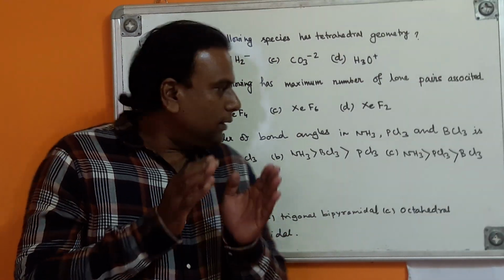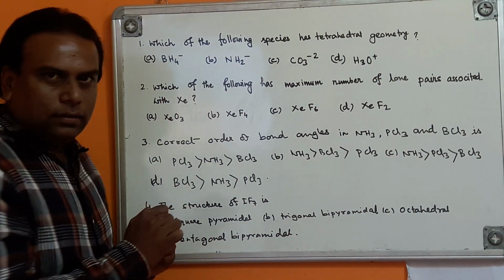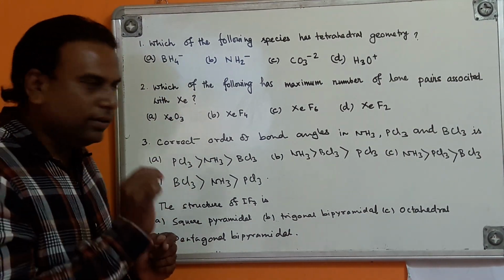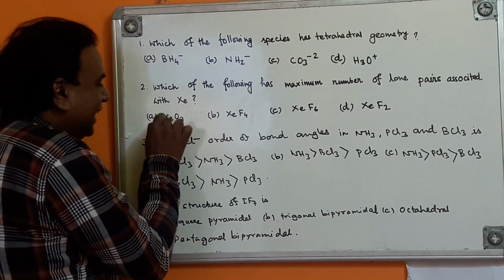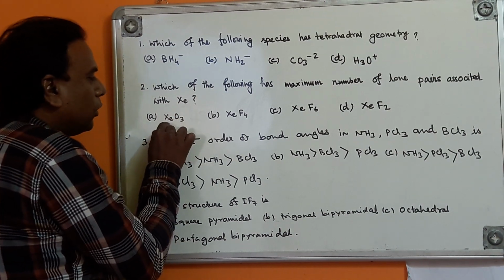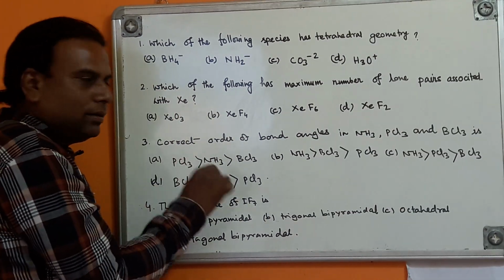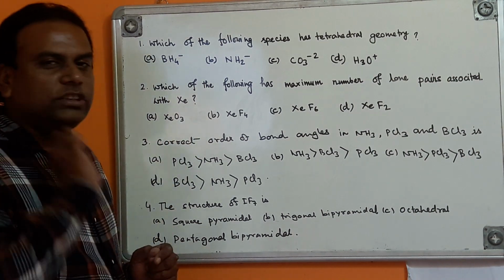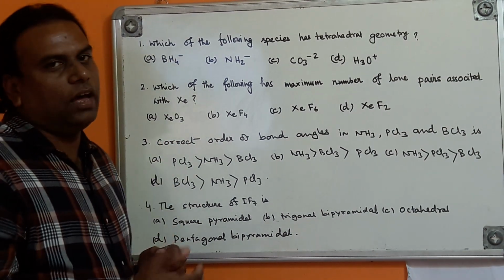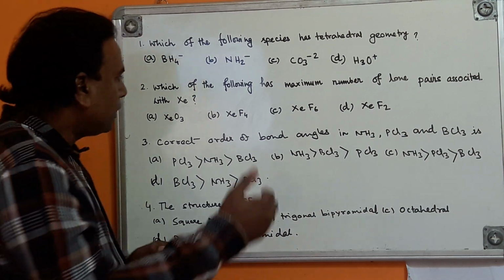So we can see in XeO3, as oxygen is bivalent, the 6 valence electrons of xenon are participating to form covalent bonds with 3 oxygen atoms, and the rest of the valence electrons make lone pairs.